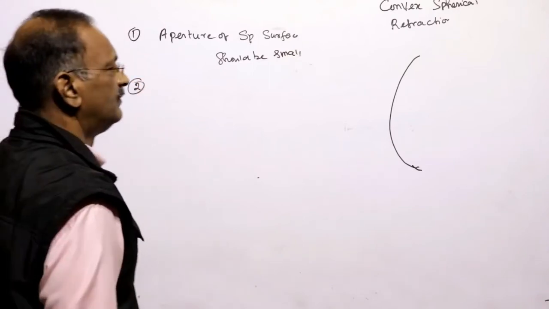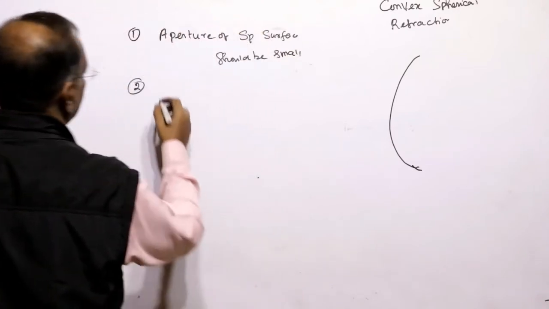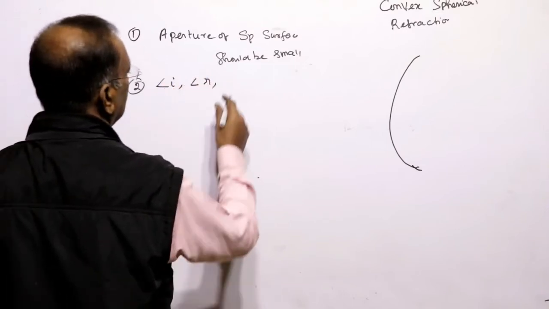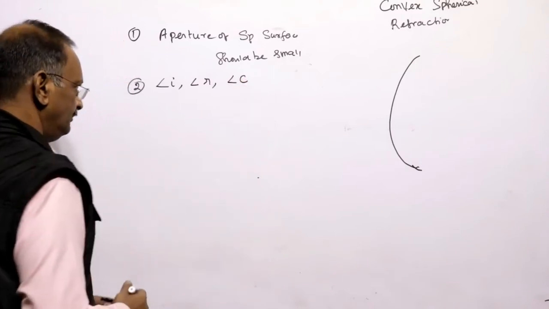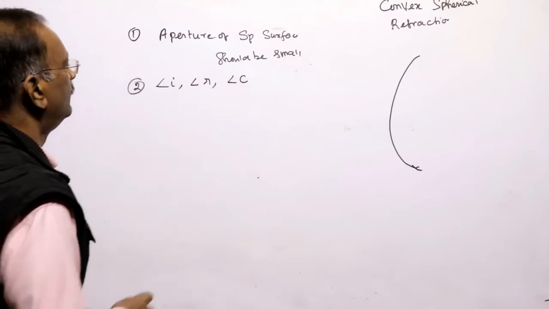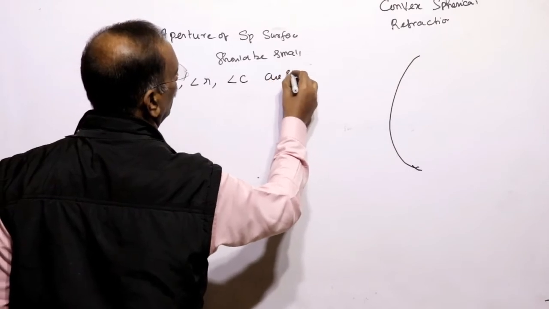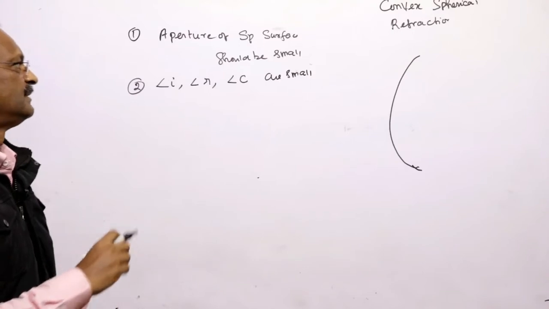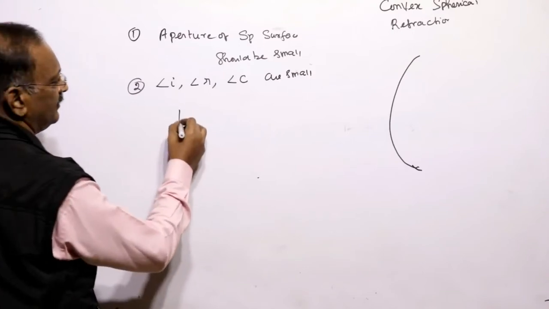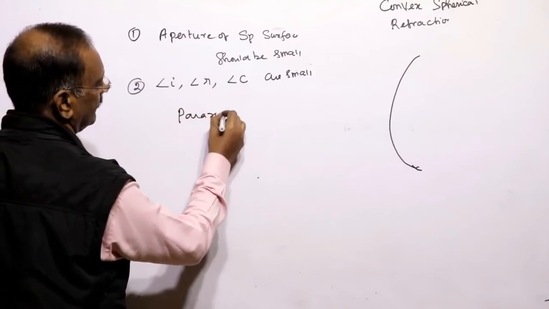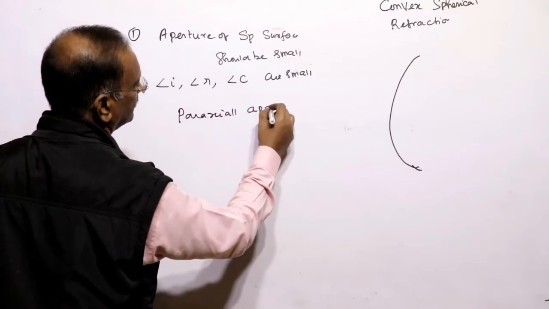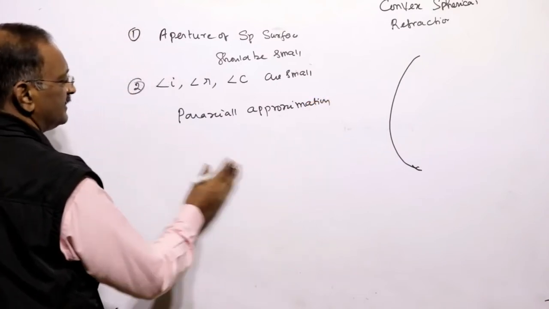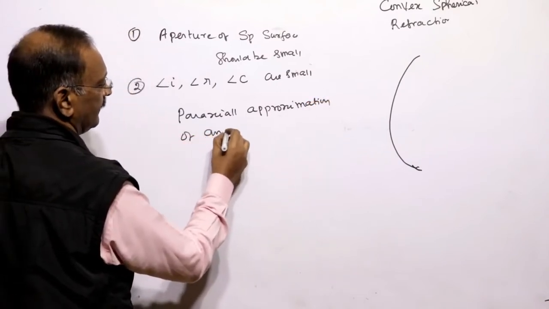Second, the angle of incidence, angle of refraction, and angle at the center of curvature are all small, so that we can use the paraxial approximation of angles.